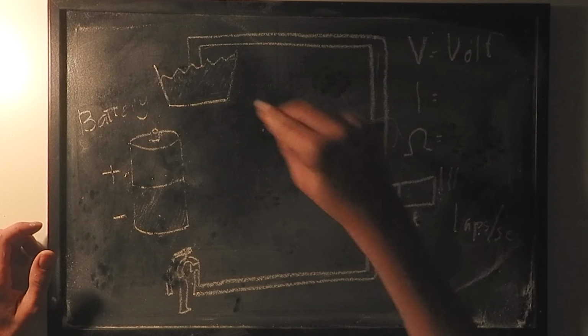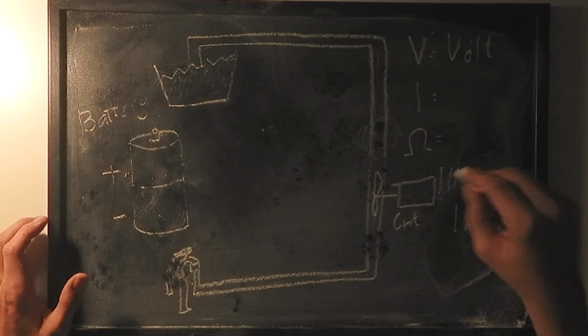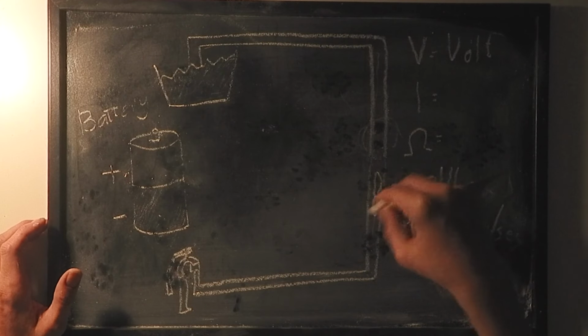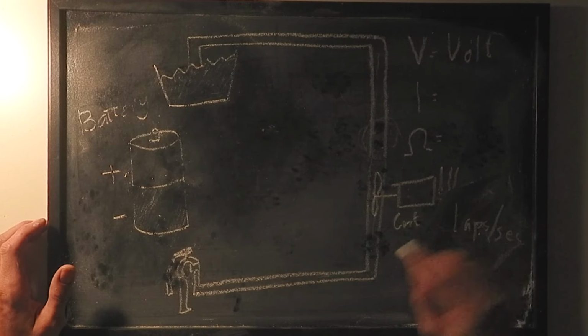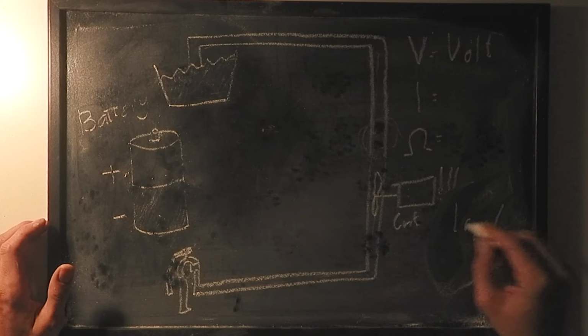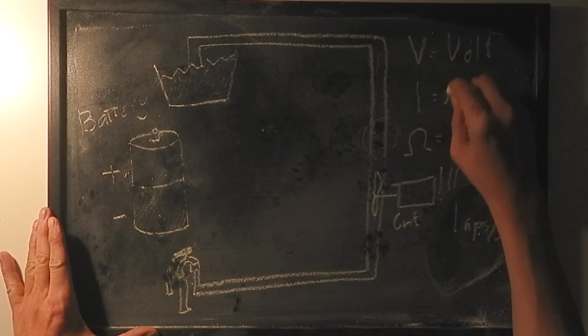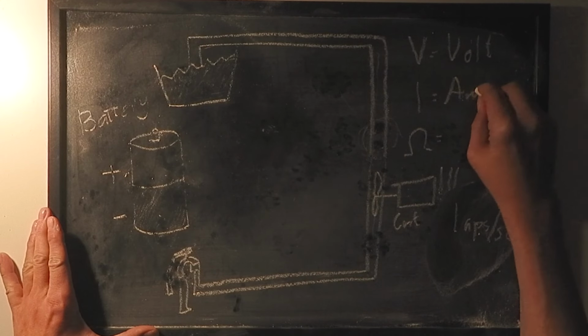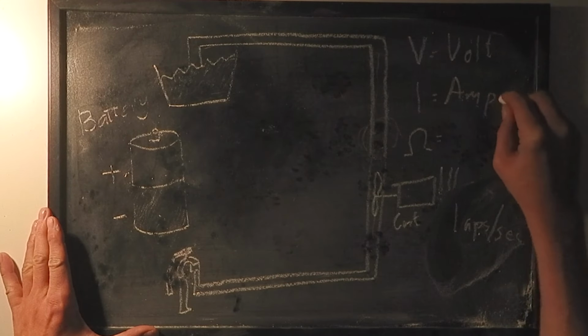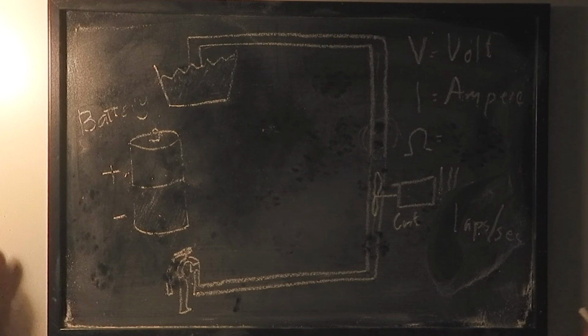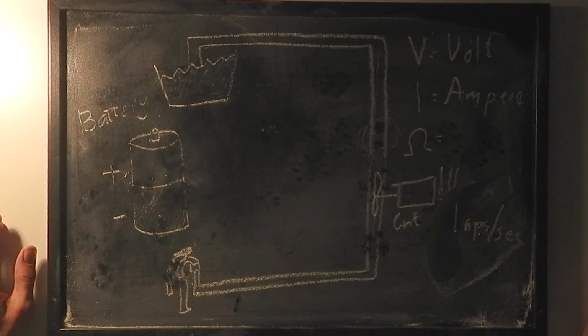And this strength of the flow, so the number of laps that this propeller will do per second, that is measured in ampere, or amps as it's called in America.